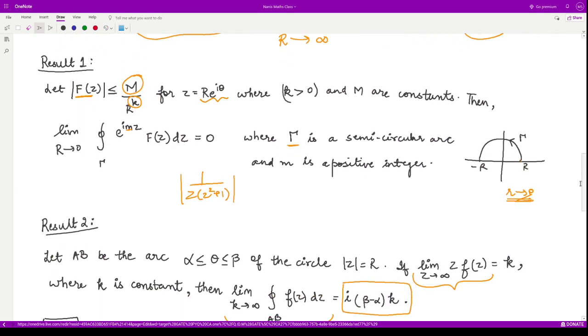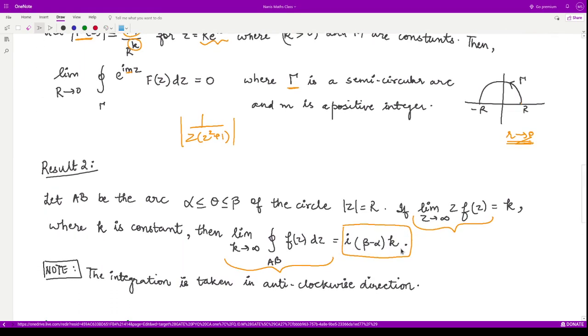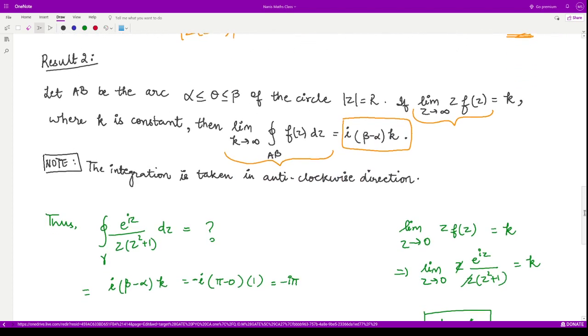Therefore, what would this particular integral be? It would be iota into beta minus alpha into k. Because your integral is in the clockwise direction, you will place a minus sign, and then pi minus 0. Then let us evaluate k.